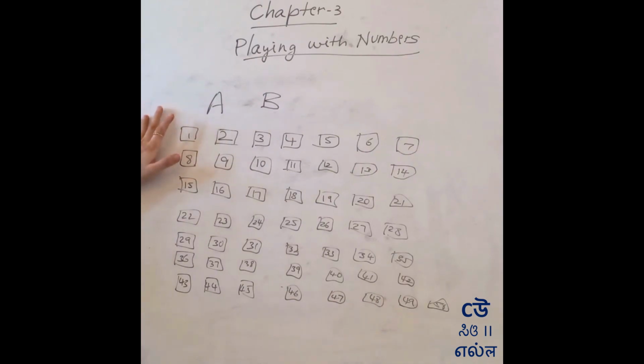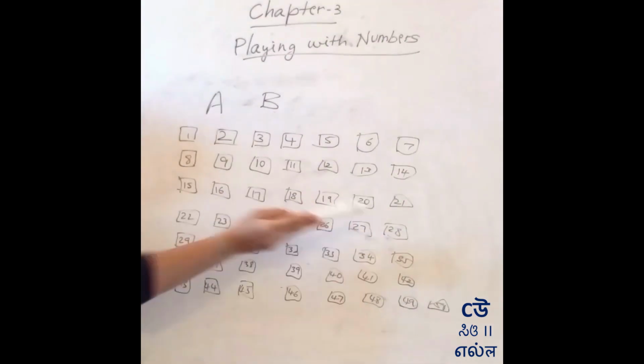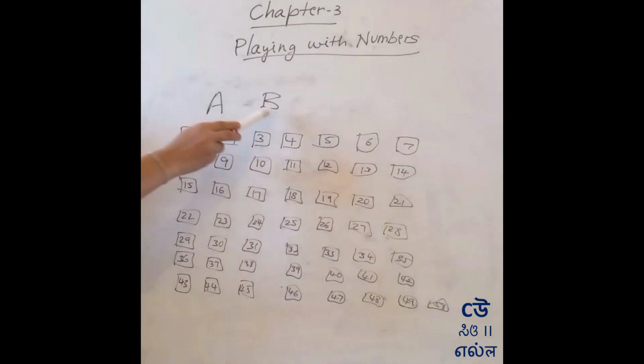A picks up some card from 1 to 50, for example 28. Next, what should B do? B has to pick the cards that are factors of 28.